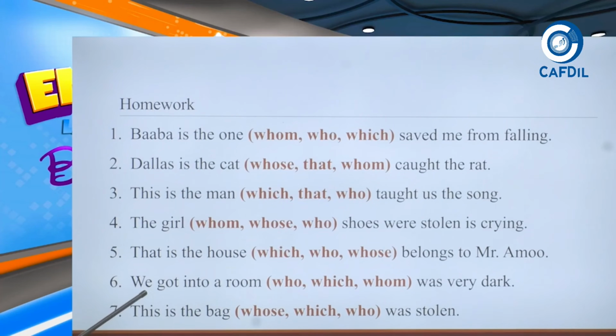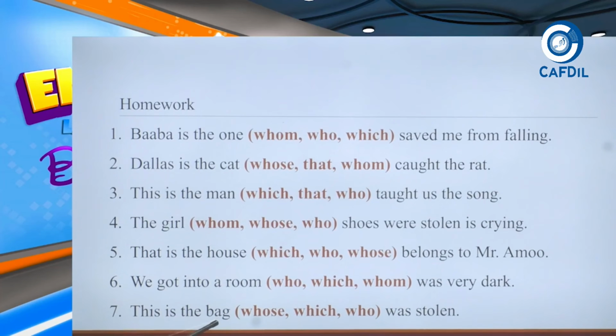6. We got into a room. In the brackets, we have who, which, whom, was very dark. Again, you have to read through carefully and select the correct relative pronoun to complete the sentence. Number 7.